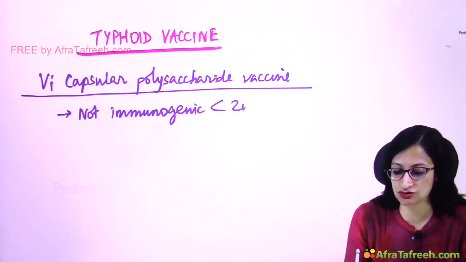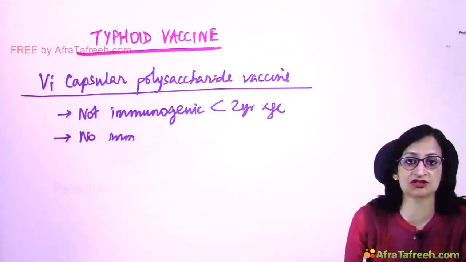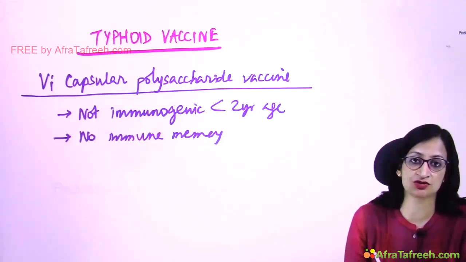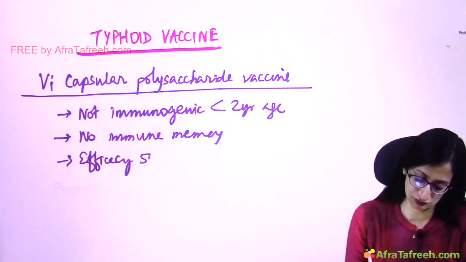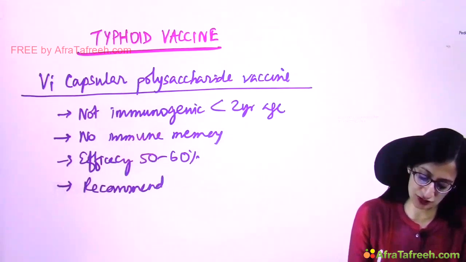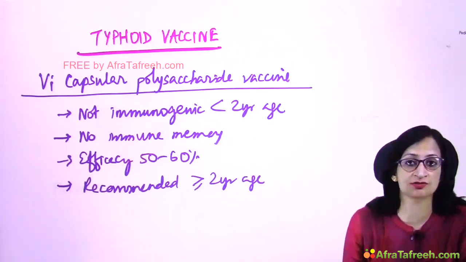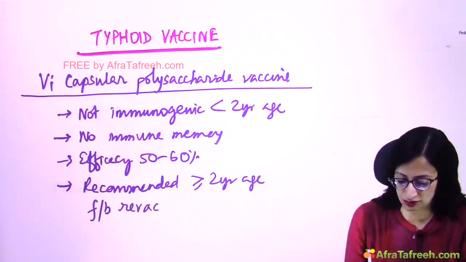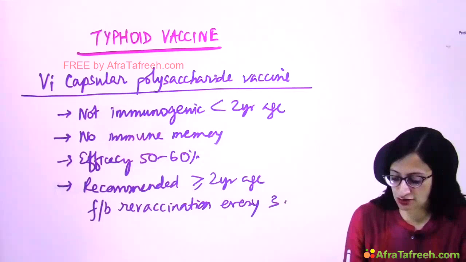Not immunogenic less than 2 years of age, and it has no immune memory, and the efficacy is only 50 to 60%. Recommended only at greater than equal to 2 years of age. Followed by revaccination every 3 years because poor immunological memory. That was what was recommended.